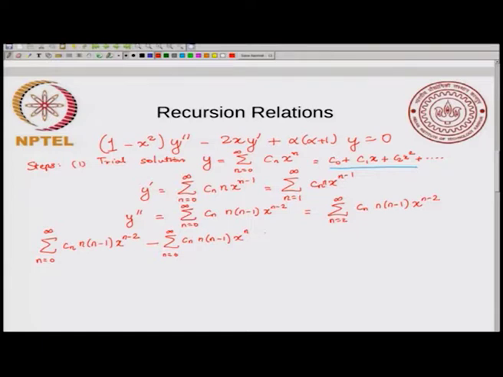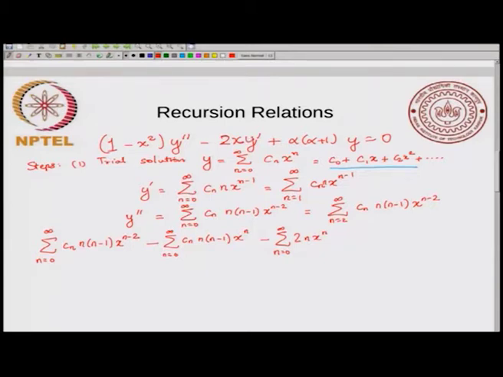The second term, the minus 2x y prime, you can see that it gives you minus sum over n equal to 0 to infinity. Now, you have a 2 and you have Cn n x raised to n. Okay. So, that is what you get from minus 2x y prime.